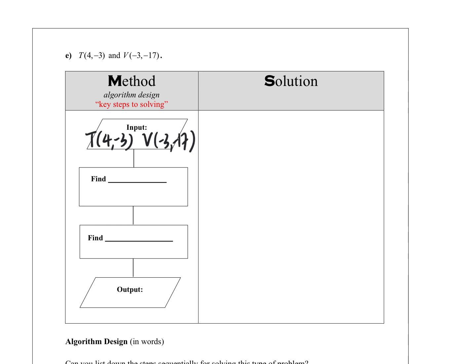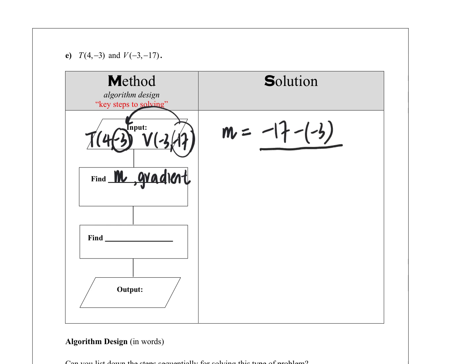Okay. So we are supposed to find what? In the first step? Gradient. So first thing first, find gradient. Y2 minus Y1 over X2 minus X1.